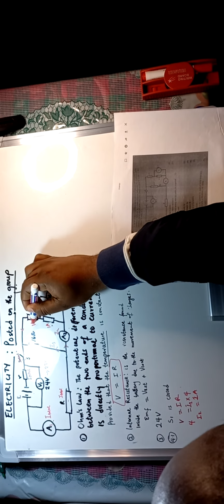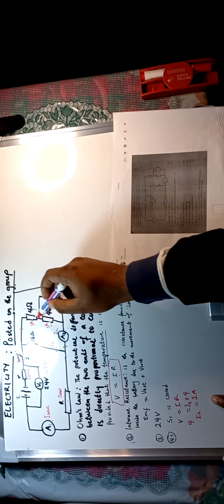If I'm working in exam conditions, I will now say, okay, my I2 is now 1. Because that diagram will guide me. It will be my mind map. Since I've calculated this one to be 1, I know the current that is now flowing on this branch of the parallel circuit. On this branch it is 1.